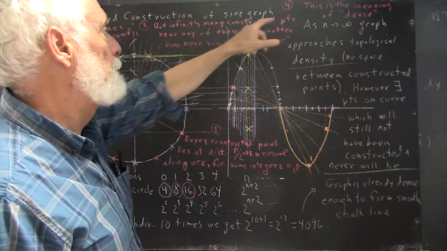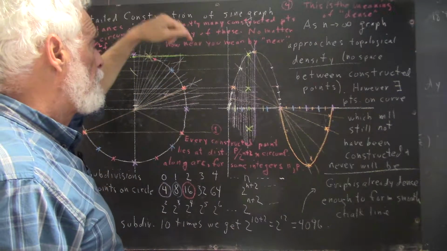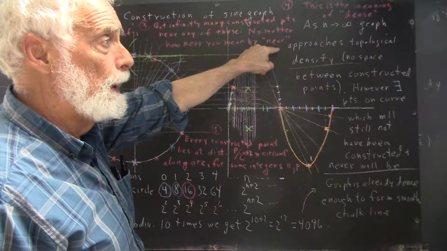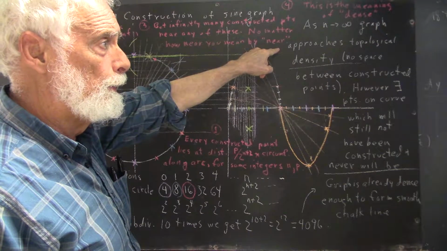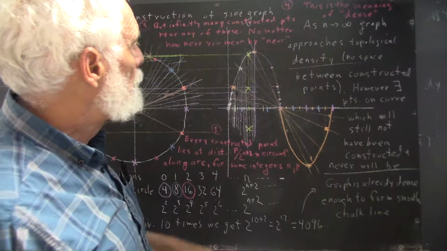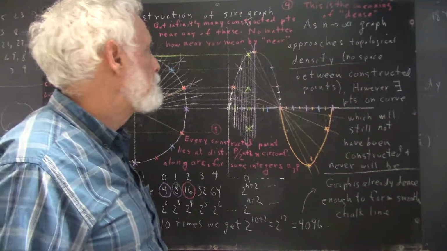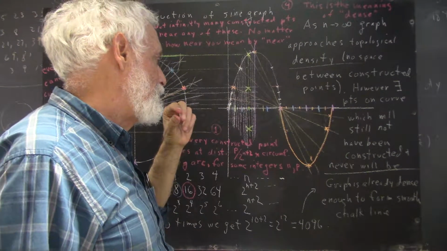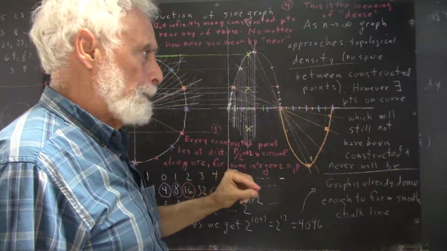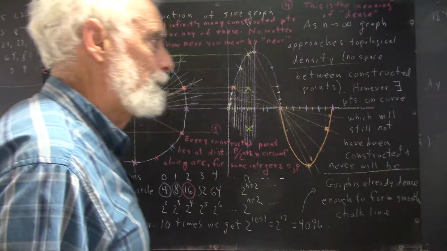So there'll be infinitely many constructed points, no matter how near you mean by near. If you want to go 4 trillionth, well then, let n equal 40. And then any n greater than 40 is going to give you additional points within that proximity. Okay, this is what we mean by dense.